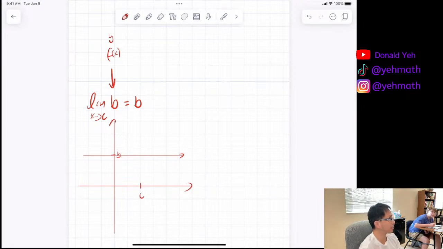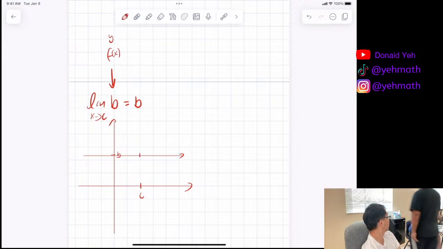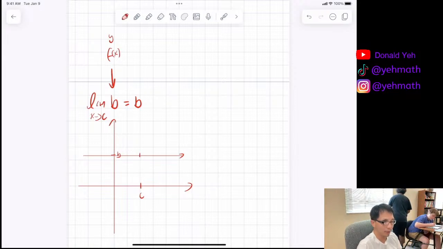It could be anywhere on the horizontal line. The output is still going to give you b, regardless. So the answer is b. Think about the graphical approach. That's how you have to think about calculus. You cannot think about the math algebraically only; it doesn't make sense as of now.